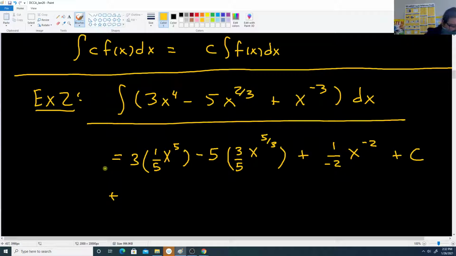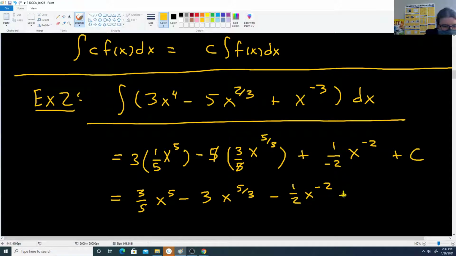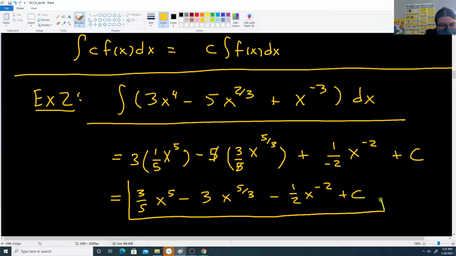So now I'm just going to try to algebraically clean up my expression. So I'd have 3/5 x to the 5 minus, the 5's can cancel here, we'll say 3 x to the 5/3 minus 1/2 x to the negative 2 plus c. And that will be our antiderivative.